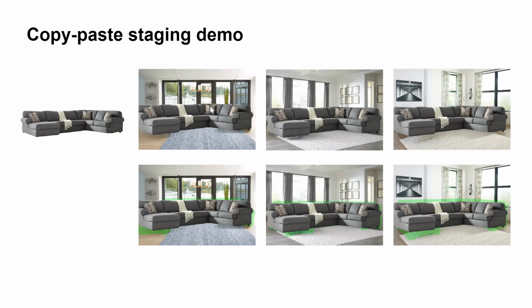And then we removed the original product and we copied back this input sofa. The 3 images in the bottom row show the parts which have been in-painted. These green regions that you can see are the white spaces left after we removed the original product. And you can see the in-painting model does a great job of in-painting it back so that it blends well with the original image.